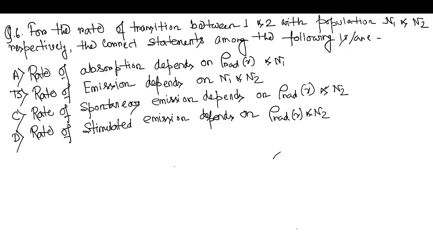Rate of absorption depends on two factors: the population of state one and the radiation density. So option number one is correct. Rate of emission depends on N2 only, not N1, so this is the correct option. Option C says the rate of spontaneous emission depends on radiation density. That is not correct. And the rate of stimulated emission depends on both the factors. Now question number 7.